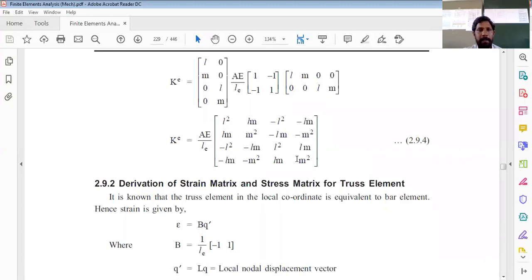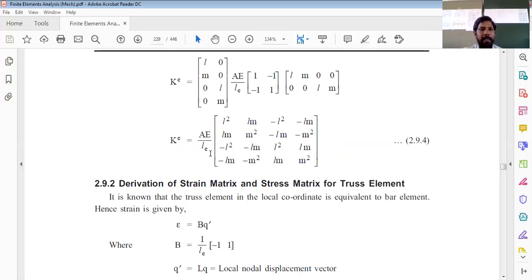So it is the stiffness matrix of the truss element in global coordinate system, where l represents cos theta, which is nothing but x final minus x initial divided by length of element, and m is nothing but sin theta, which is y final minus y initial divided by length of element.